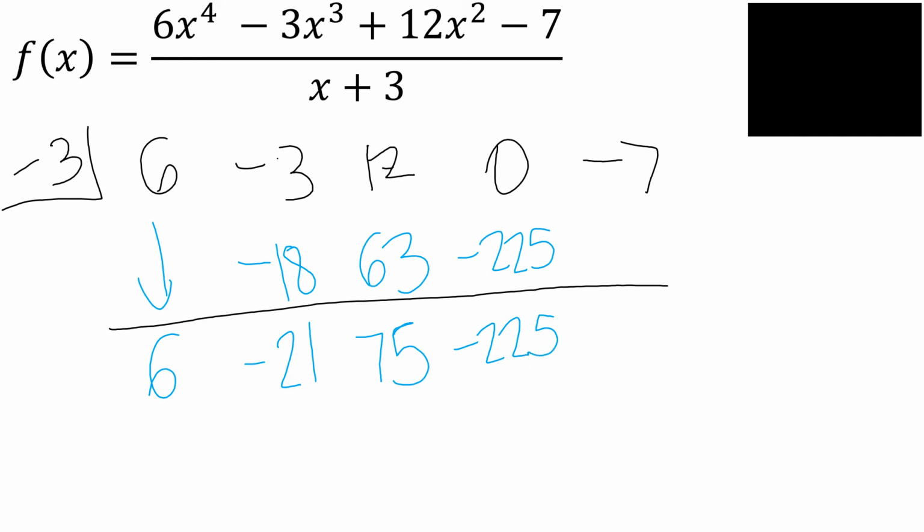And negative 225 times negative 3 is positive 675. Negative 7 plus 675 is 668.